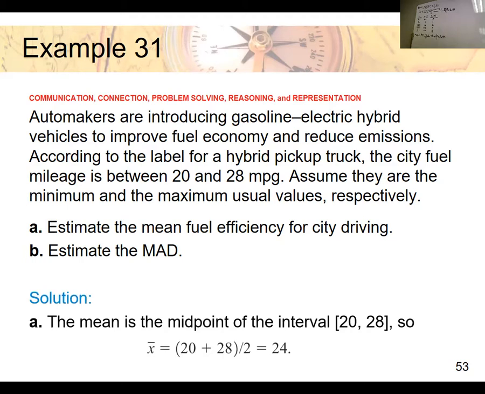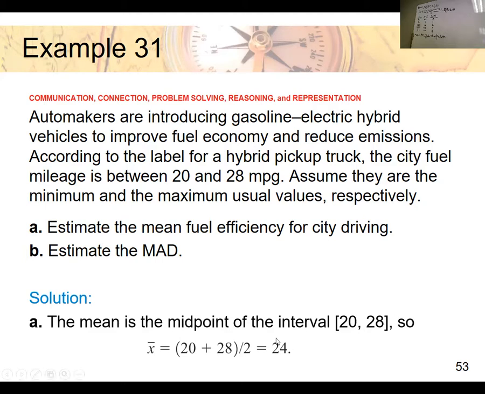Now, we already talked about measures of center. That means the mean is going to be the midpoint or the center of all of your numbers that are in that data set. So if we're talking about the mileage between 20 and 28 miles per gallon, that means that the mean has to be in the middle.